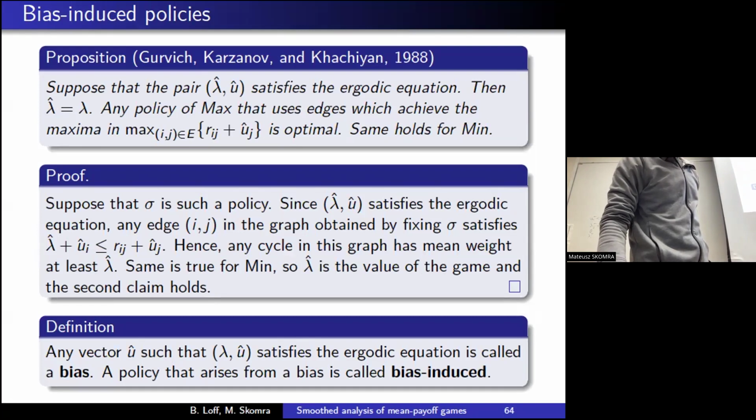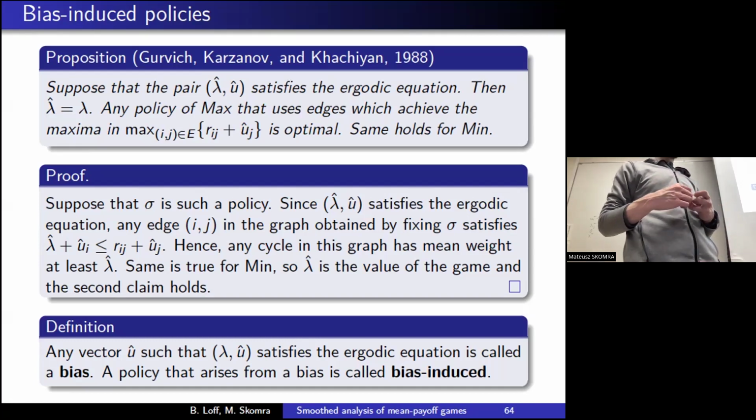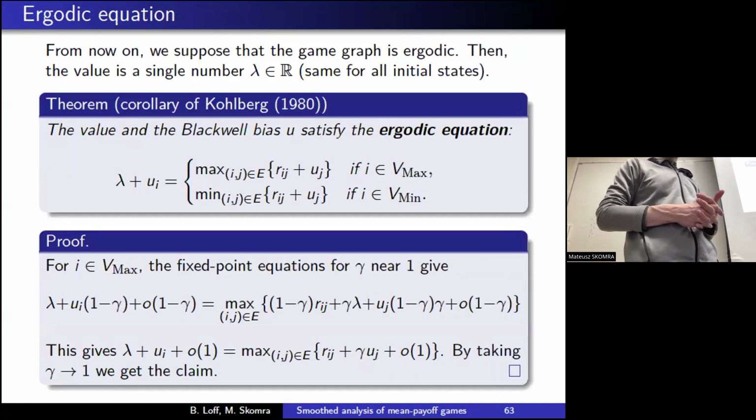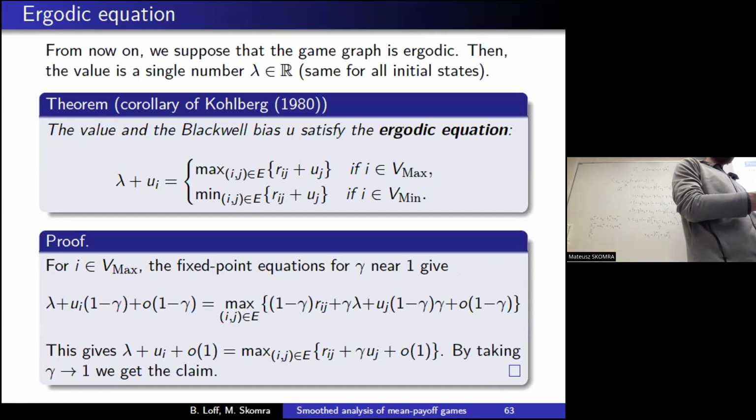This also allows you to retrieve the property we had for discounted games. For discounted games, we said if you want to find optimal policies, you look at the value and take the edges that achieve the max and the min.